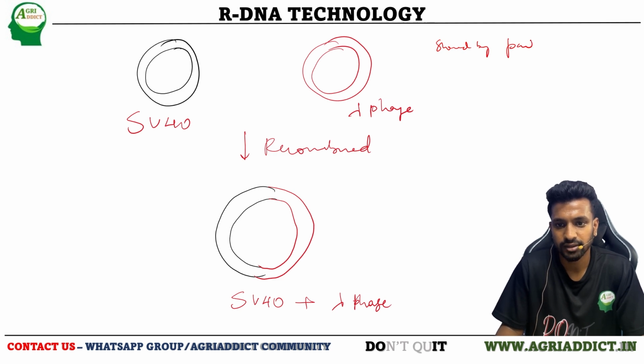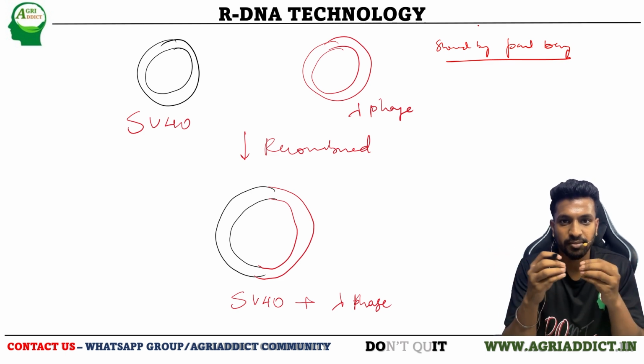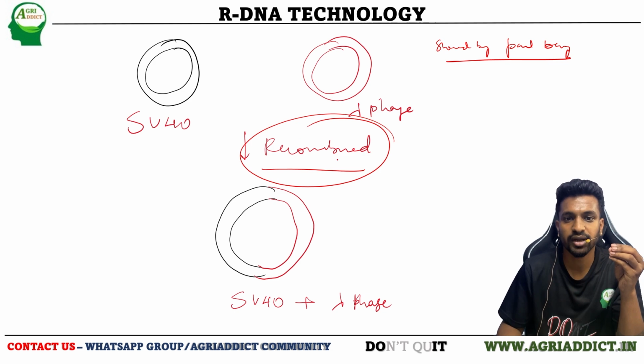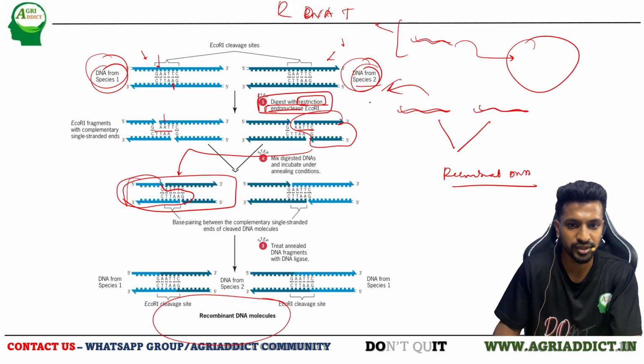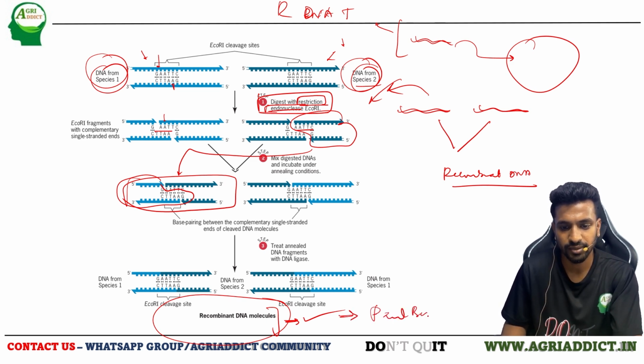Paul Berg, that DNA sequences from two different organisms can be clubbed and made into a recombinant DNA. So whatever I have shown you in this figure, the ultimate result where you are seeing the recombinant DNA molecules, was shown for the first time by Paul Berg, who is also called the father of genetic engineering.